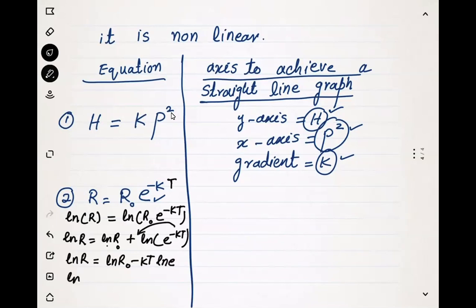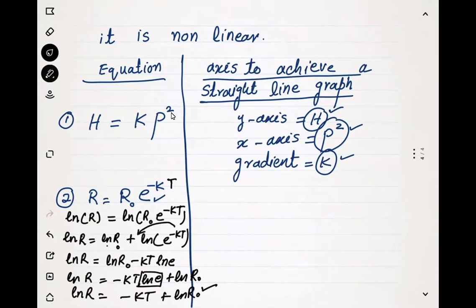And natural log of e is 1. So this will become natural log of R is equal to minus kT plus natural log of R naught.